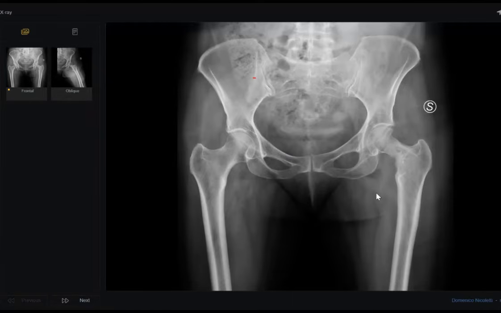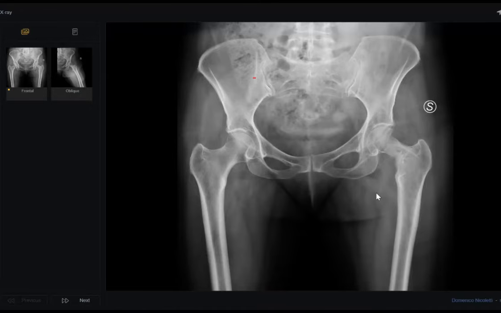As compared to the right side, there is mild expansion noted at the intertrochanteric region of the left femur. This patient presented with hip pain.